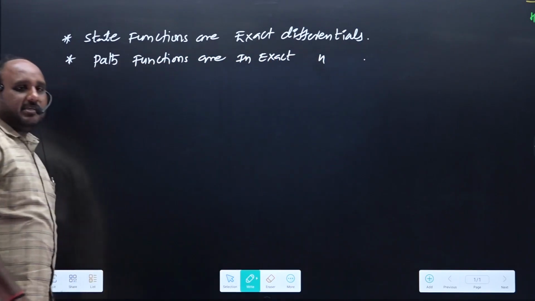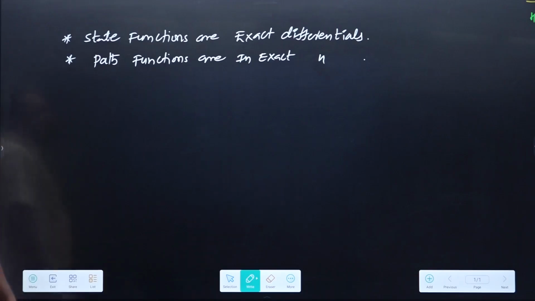Path functions are inexact differentials. What is meant by exact differentials and inexact differentials, right?